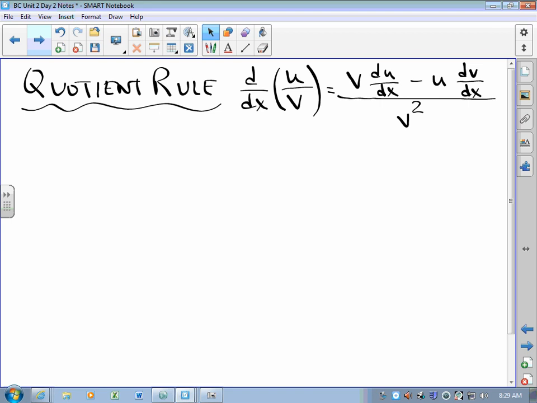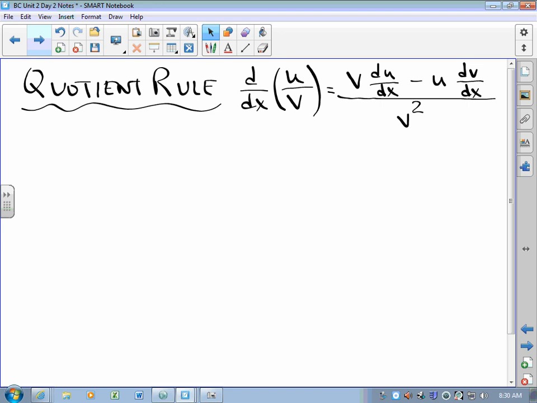Very catchy, very easy to remember. Basically, we sing, it's the bottom times the derivative of the top minus the top times the derivative of the bottom. For the rest, you won't be scared. It's all over the bottom squared. This is calc, this is calc, this is calc.